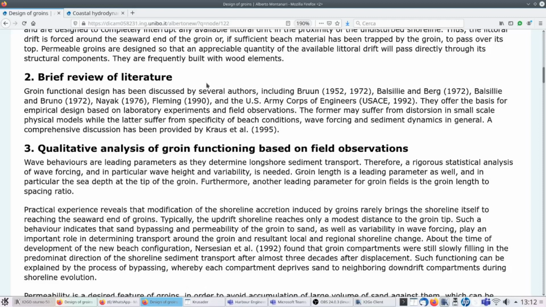We are talking about very complex processes, very complex, time-varying interaction between the beach morphology and the beach hydrodynamics. It's not possible to describe this interaction in detail, and therefore we make reference to empirical formulas or empirical rules which are derived from experience.